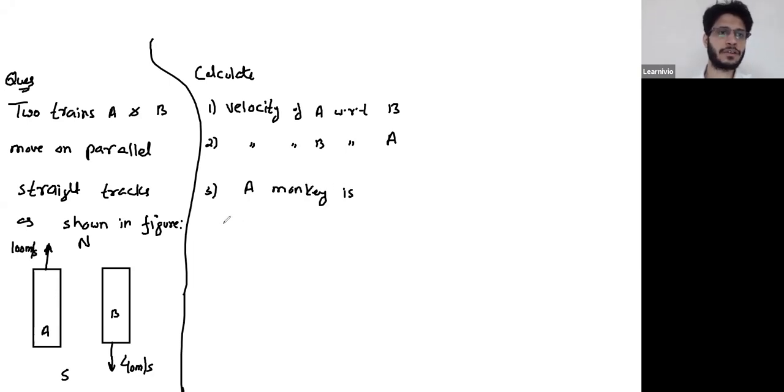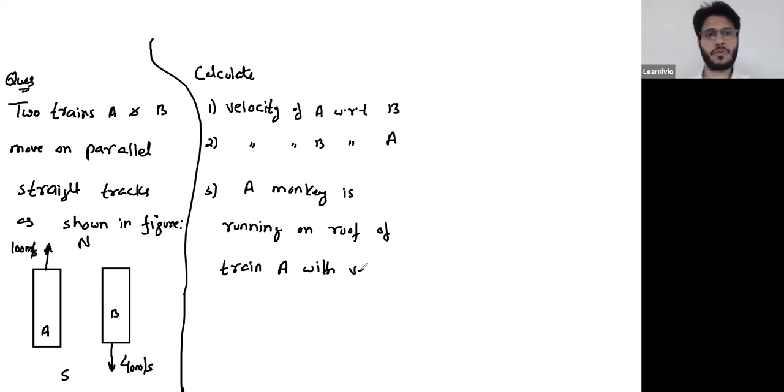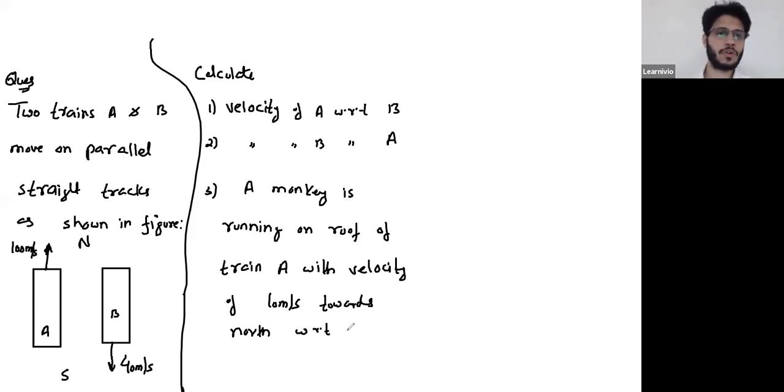A monkey is running on roof of train A with velocity of 10 meter per second towards north with respect to an observer in the train.